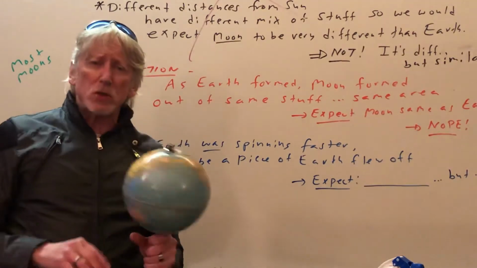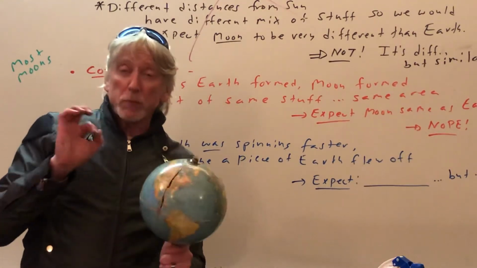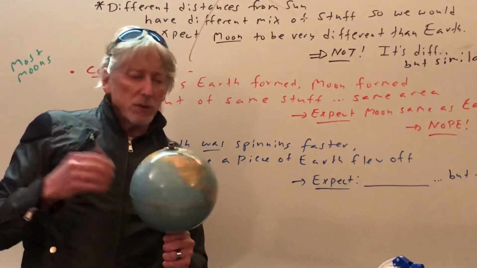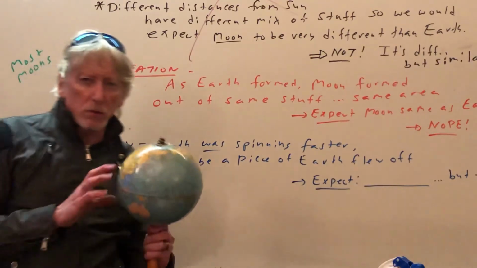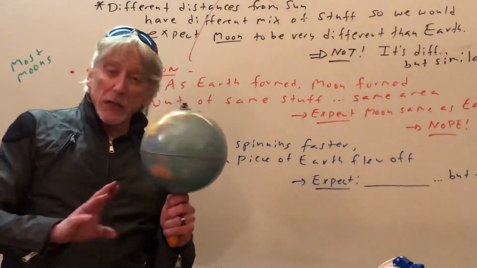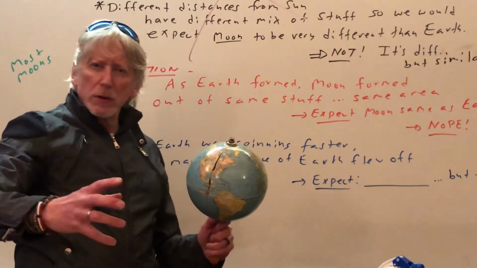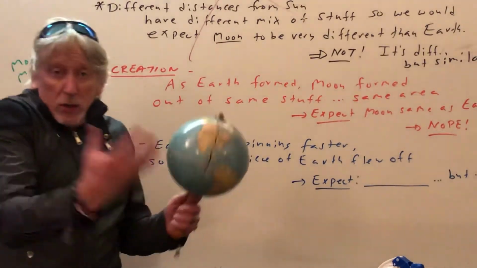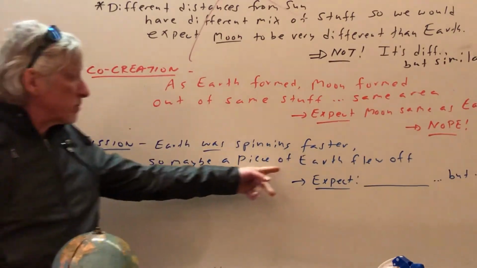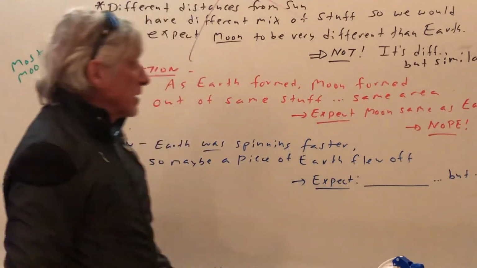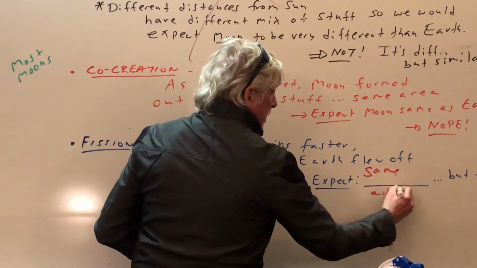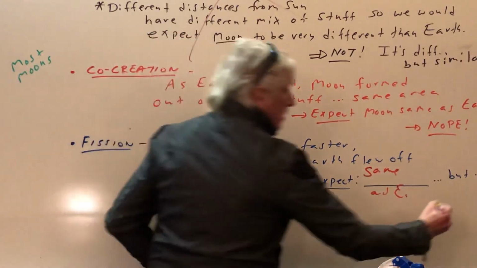Very early on, somewhere in the 0.1 billion years era or something, as it's spinning really fast, maybe a chunk just flew off. In that case, you'd expect it to be just like Earth, part of Earth. This is called fission, or breaking off. Earth was spinning faster, so maybe a piece broke off. We would expect it to be the same as Earth, but nope.